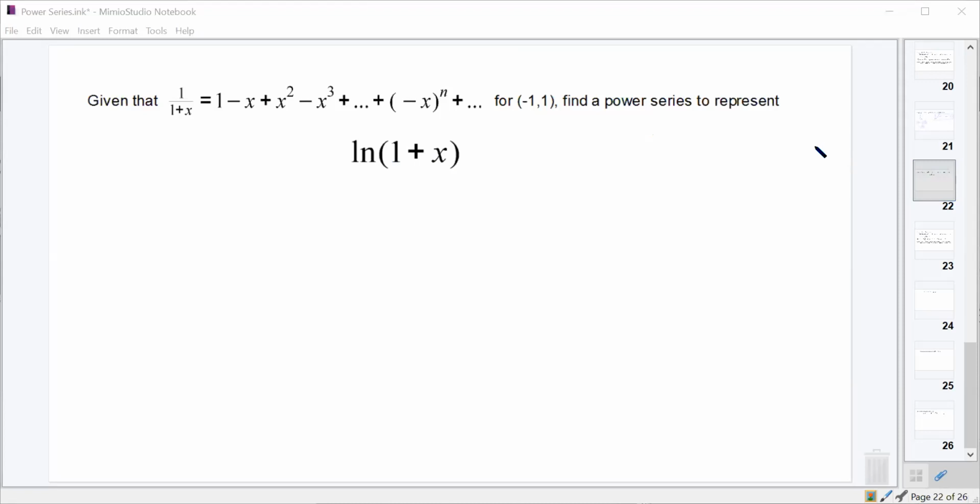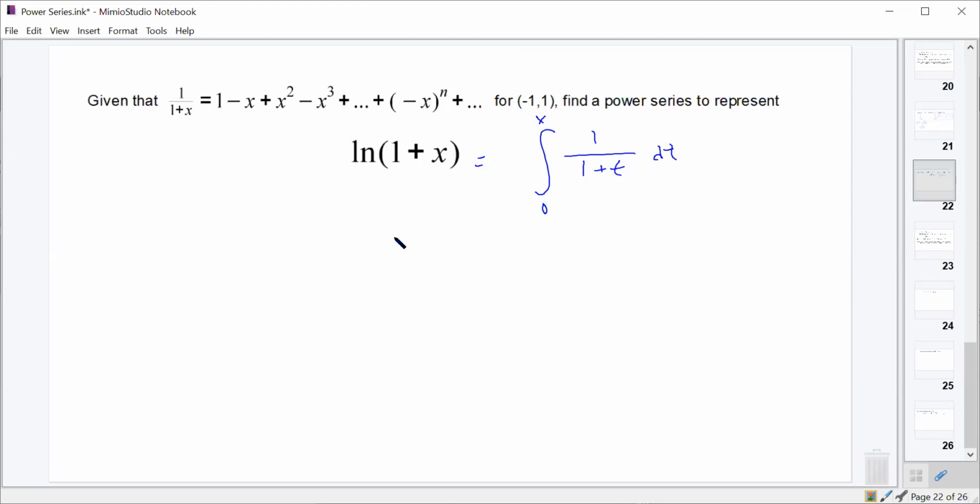Yeah, good. Now this one we're going to need to integrate, right? The integral of 1 over 1 plus x is natural log of 1 plus x. So what we're going to do is say that the natural log of 1 plus x is equal to the integral, and I'm going to choose to do this from 0 to x of 1 over 1 plus t dt, making it a definite integral with the lower limit equaling 0, because that way I know what the integral of this is, right?